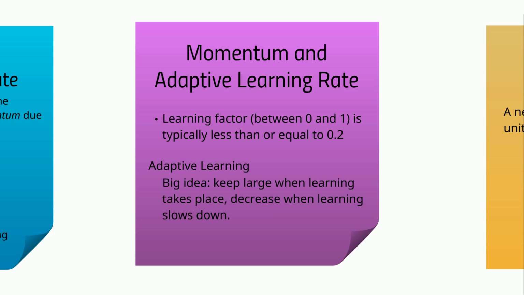All we're doing is controlling our learning rate such that it is an appropriate value for the stage of training that we're in. At the start of training, we expect large gains and large improvements. As a result, we're going to have a larger learning factor so that we can make those big jumps. As we get to the end where learning slows down, we're going to decrease the learning rate so that we can fine-tune our network.